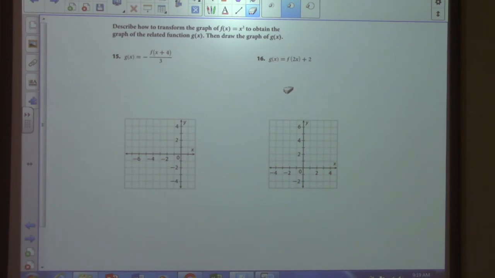It was the vertex form of a quadratic function, right? So this is kind of related to that.